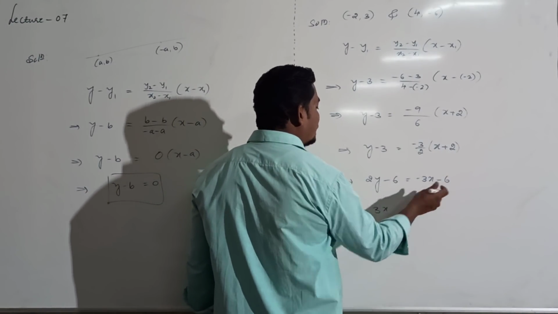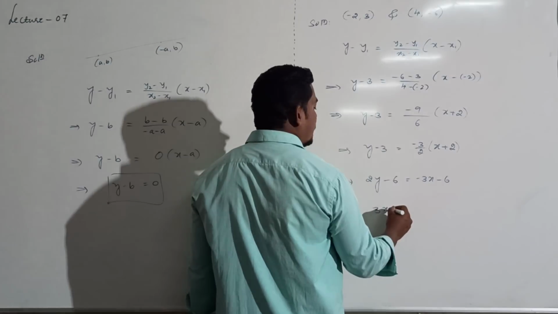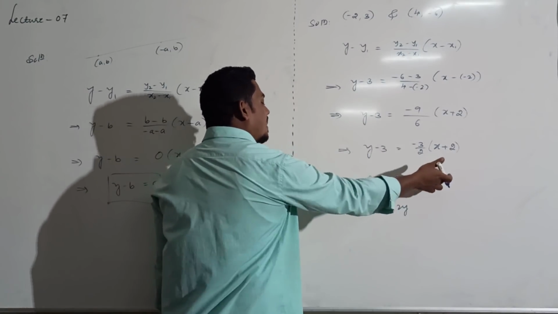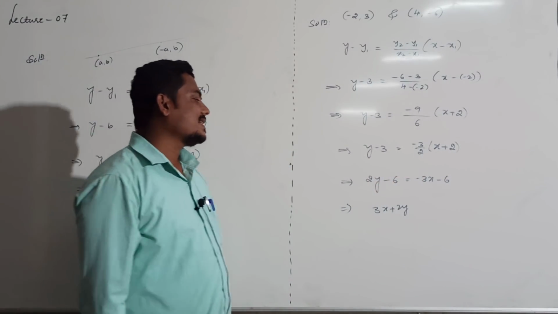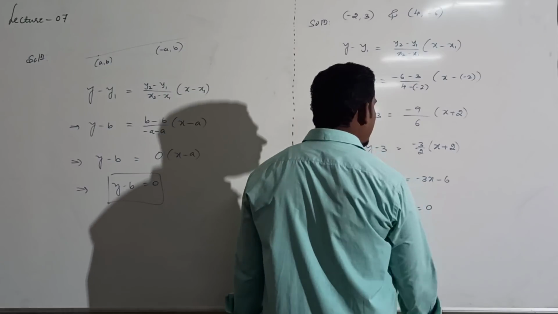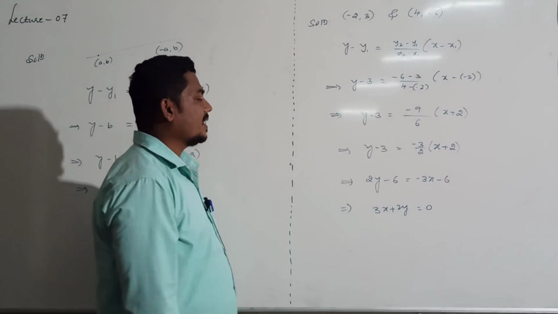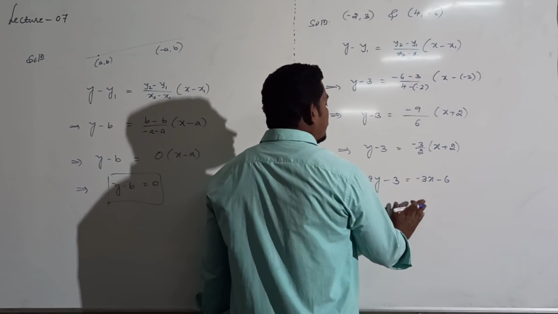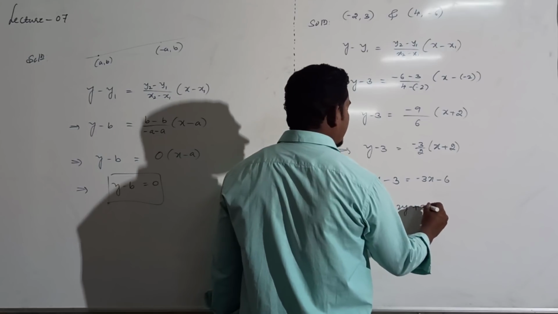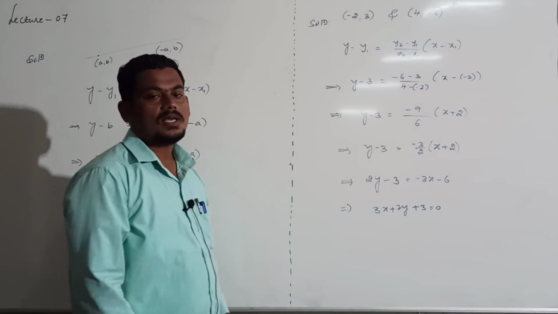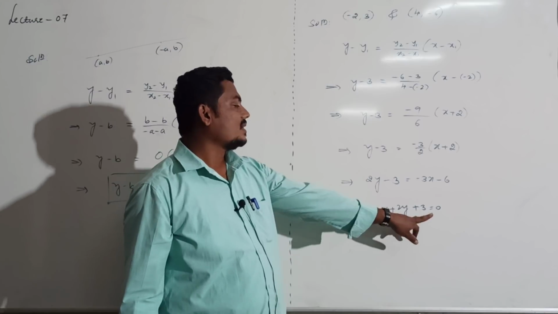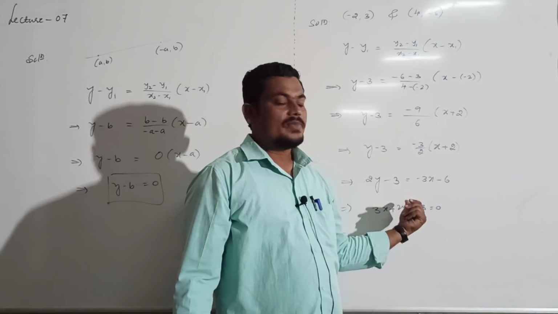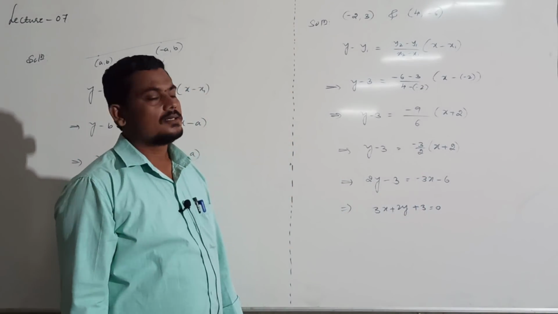Minus 3x becomes plus 3x plus 2y, and this minus 6 becomes plus 6. Sorry, it is not 6, it will be 3. Then you get plus 3 equal to 0, so 3x plus 2y plus 3 equal to 0. If you take these two terms, it becomes plus 6 and minus 3, it will be plus 3.